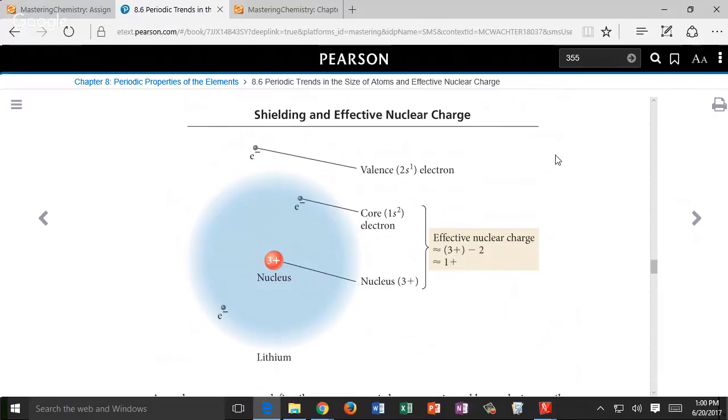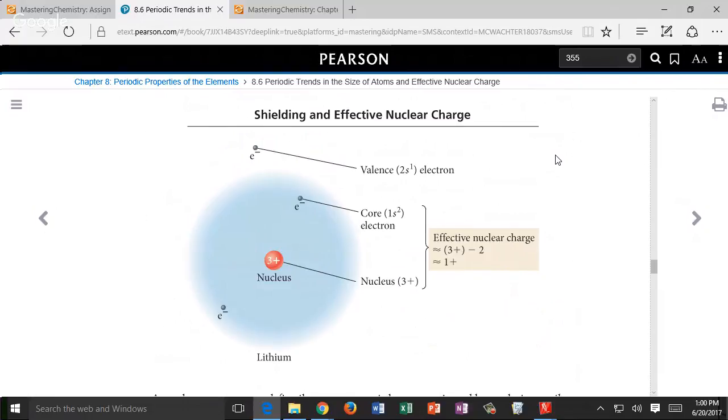Let's compare that to neon, all the way on the other side of that row. How many valence electrons does neon have? Remember, the valence electrons are the ones in the highest n level, so it can't really be 0. We would say 8, because it's in 8A: 8 valence electrons in the 2s2 and 2p6, and still 2 core electrons.